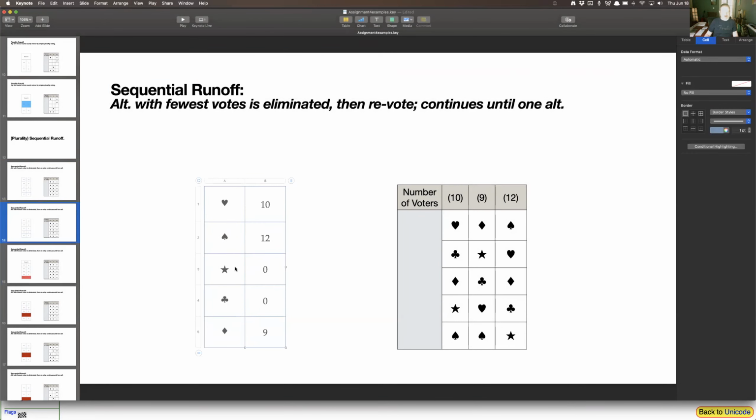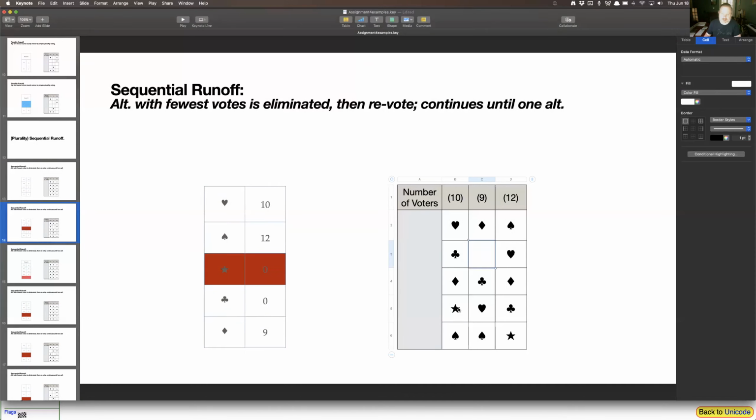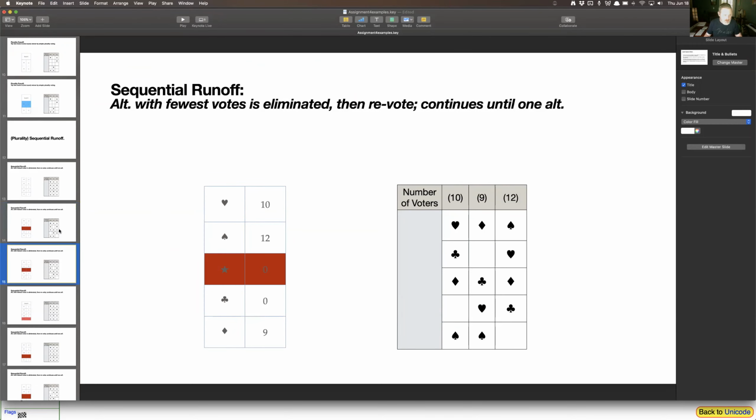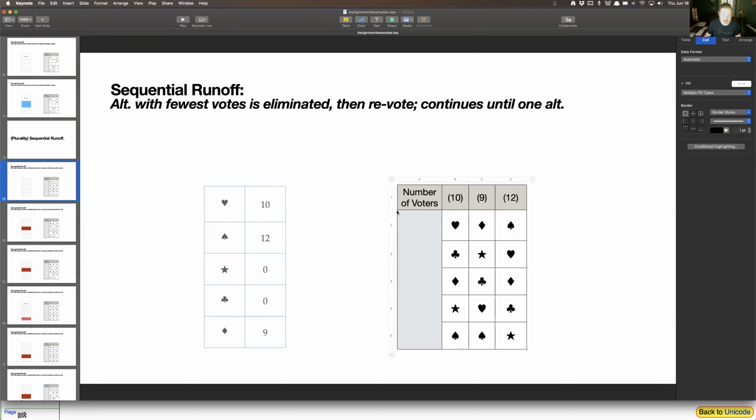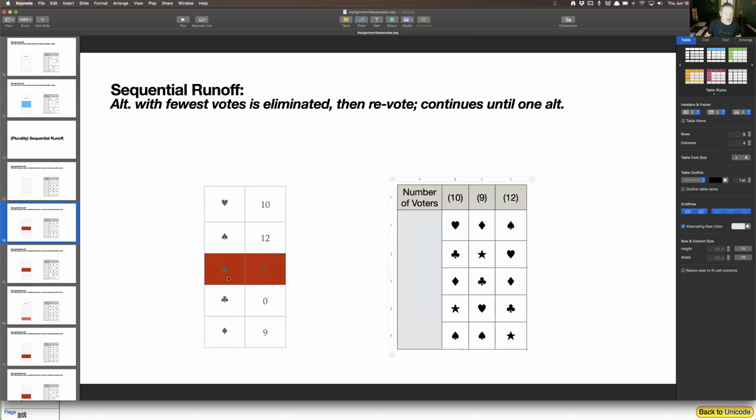So stars is going to be dropped, and stars is the first one dropped.